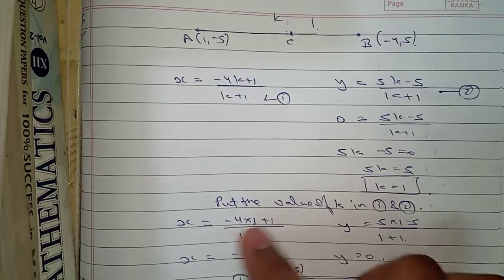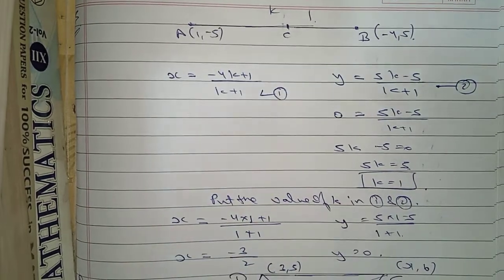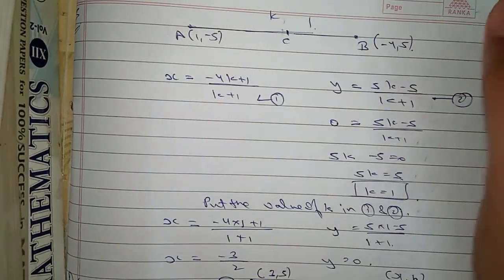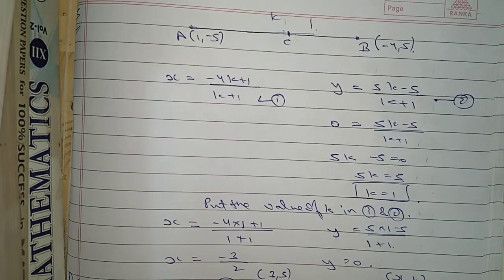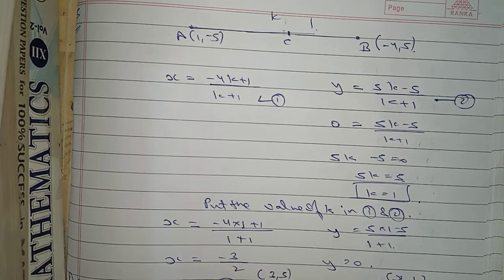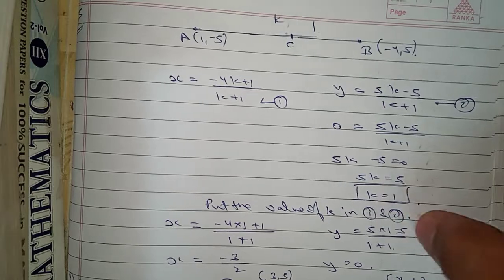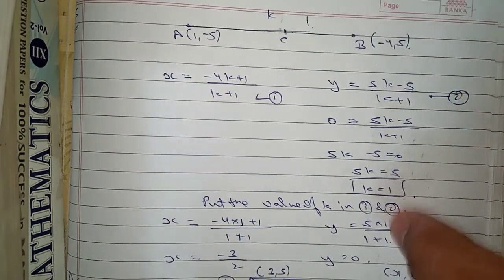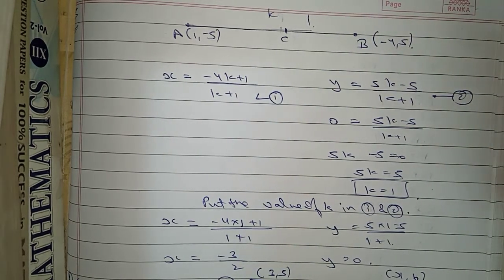Now -4 into 1 is -4 plus 1 is -3 upon 2 is the answer. And we already know the value of y is 0. But some are thinking I want to find y. It's your choice. If you want to find it, look at that: 5 into 1 minus 5 is 0. You can find it, but the answer is 0 only.